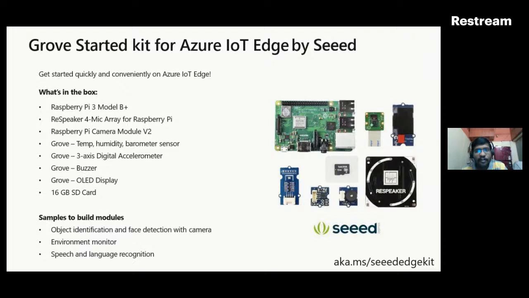Seeed is an organization, but not only Seeed, you can get these hardware components on any e-commerce website like Amazon, Robu.in, etc. Like that we can quickly start your solution by means of this easily available hardware for the implementation of an Azure IoT Edge use case.